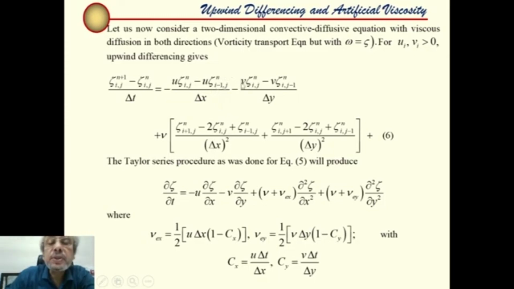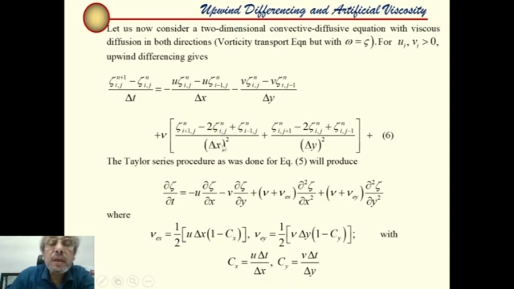Similarly, v is positive, so we have written zeta ij minus zeta i j minus 1 over delta y, and then we have written nu, the viscosity, and then on the right hand side the central difference.